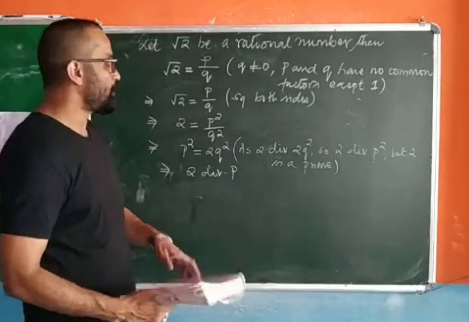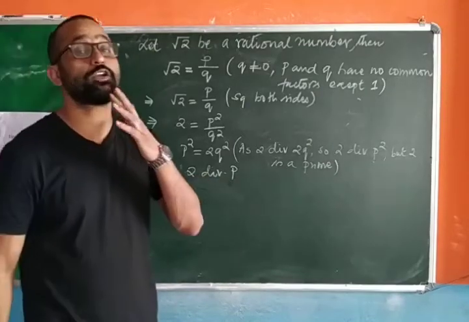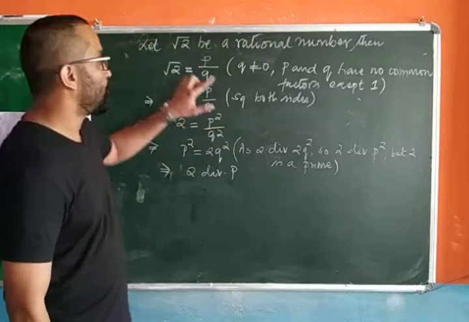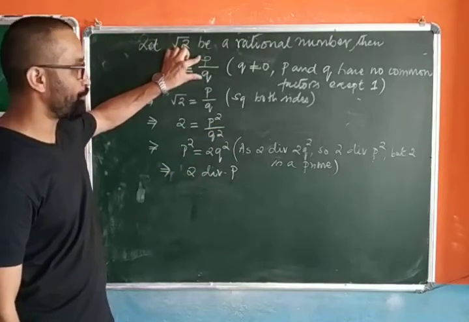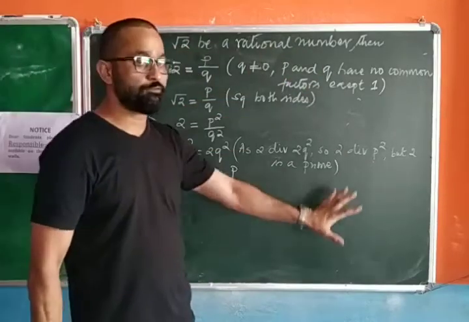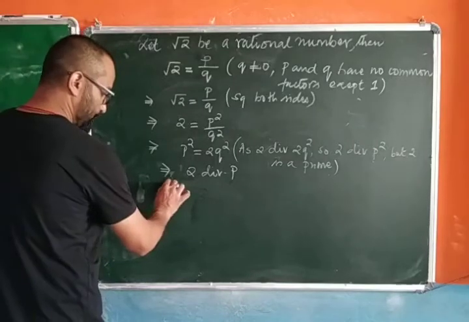So as 2 can divide p, we are getting a common factor for p as well as q. So this is the first part. Now the second part, again we assume it.